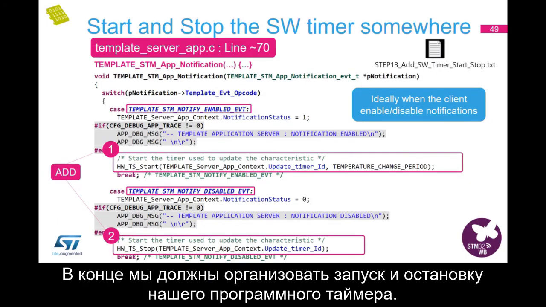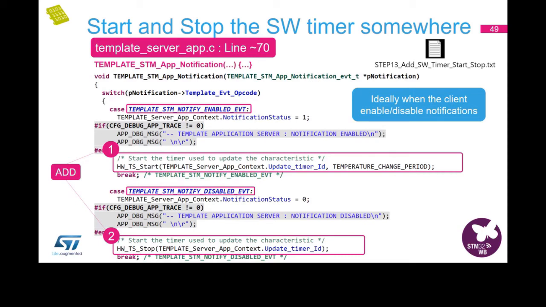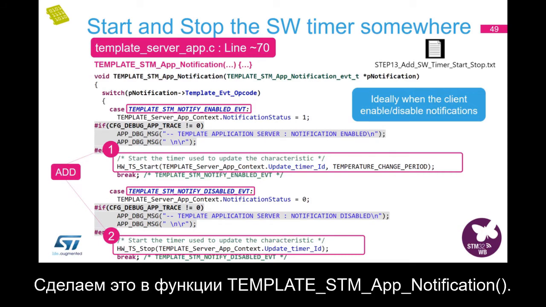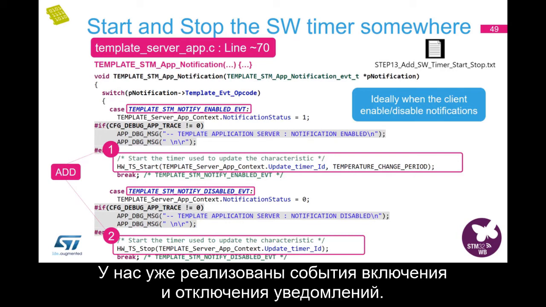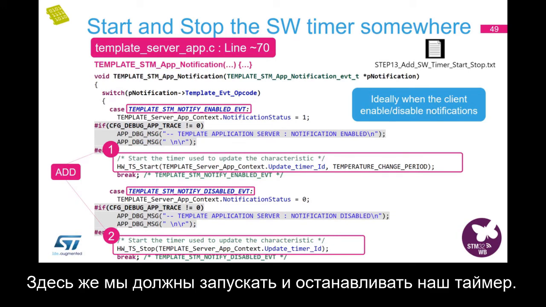And then finally, we need to start and stop our software timer somewhere. This is done in the app notification section. So we have our template notify enable event and our template notify disable event, and in there we need to put our start and stops for our timer.